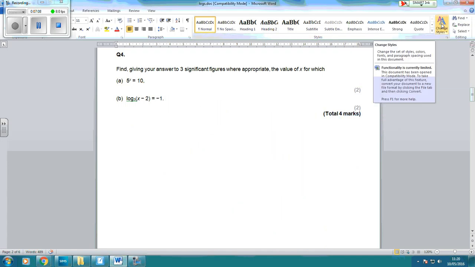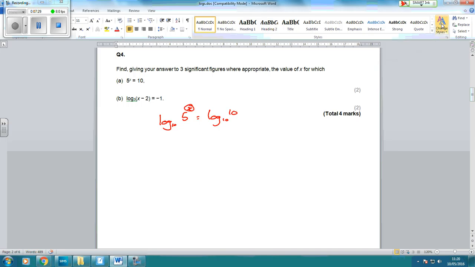Find, giving your answer to 3 significant figures where appropriate, the value of x for which 5 to the power of x equals 10. Now some people's calculators do this, but if yours doesn't, we're going to take log to the base 10 of 5 to the power of x equals log to the base 10 of 10. And then we can bring this x down, just like we did in the last question, except the opposite. We brought it up.